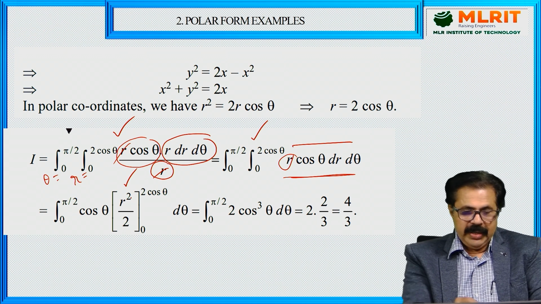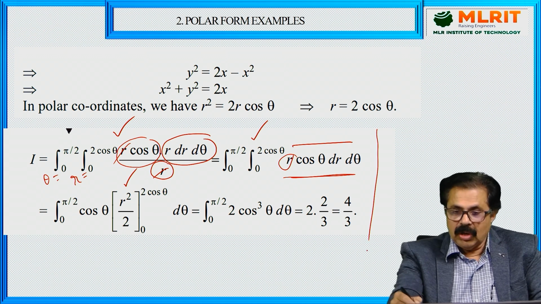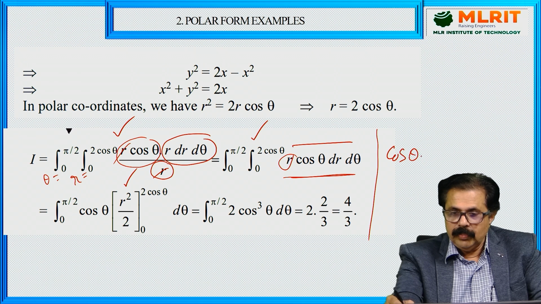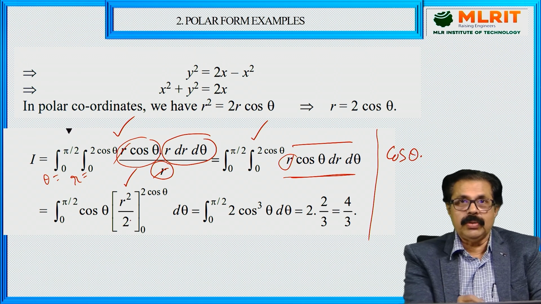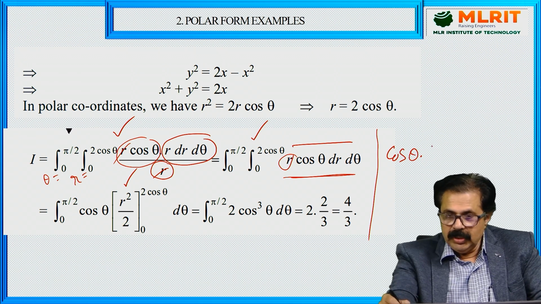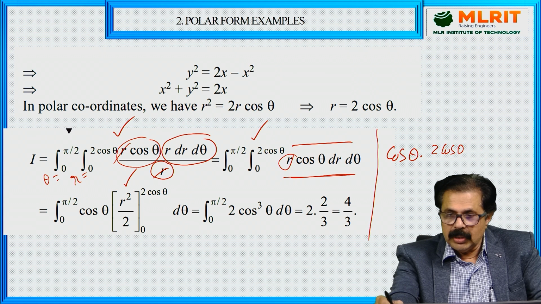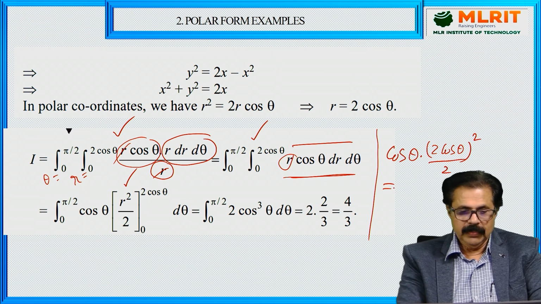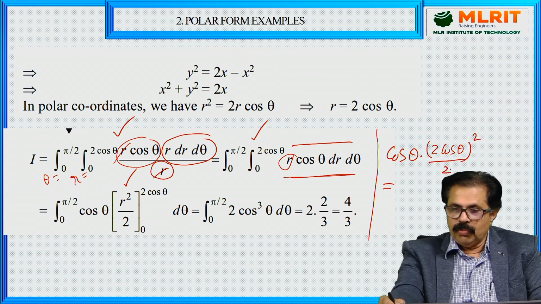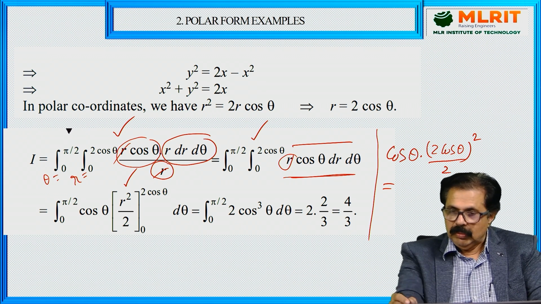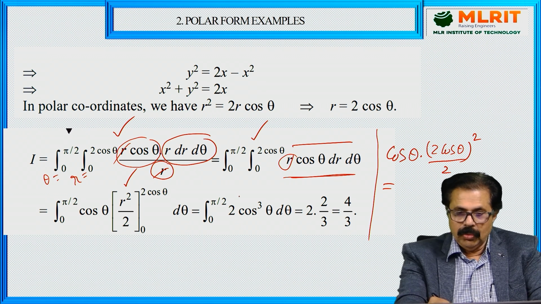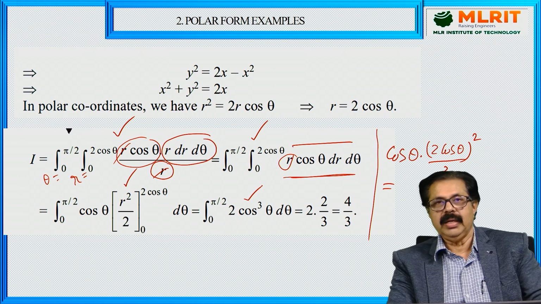So what you are getting is cos theta into r square by 2, where r square by 2 is 2 cos theta whole square divided by 2. So 4 into cos square into cos, 4 cos cube divided by 2, which is 2 cos cube theta d theta.